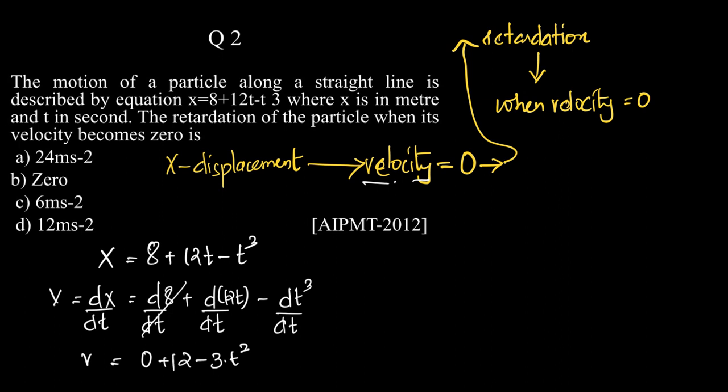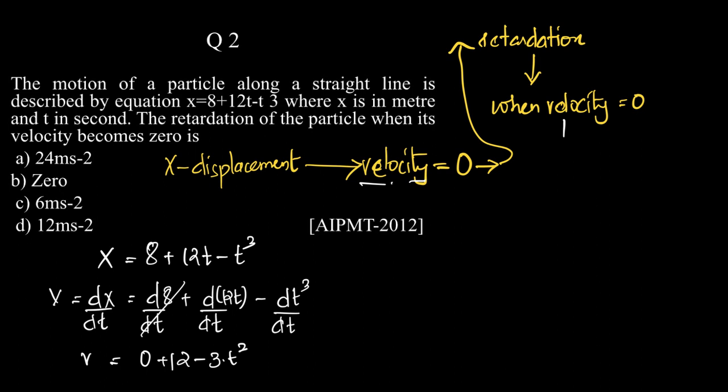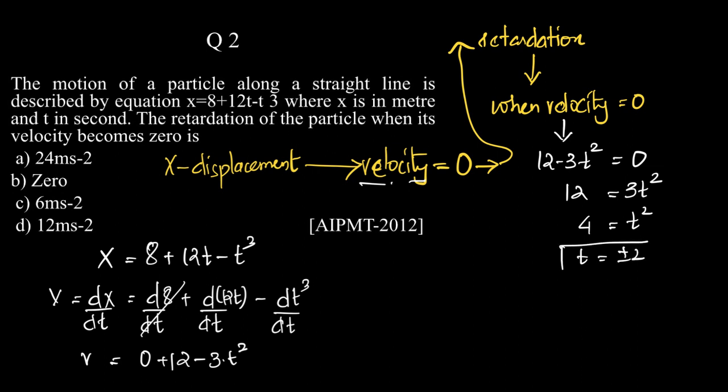Okay. Now, when velocity is equal to 0, we can write that 12 minus 3t square is equal to 0, which means 12 is equal to 3t square, which means 4 is equal to t square, and therefore t is equal to plus or minus 2, out of which minus 2 doesn't make sense, and therefore t is equal to 2 is what we get.